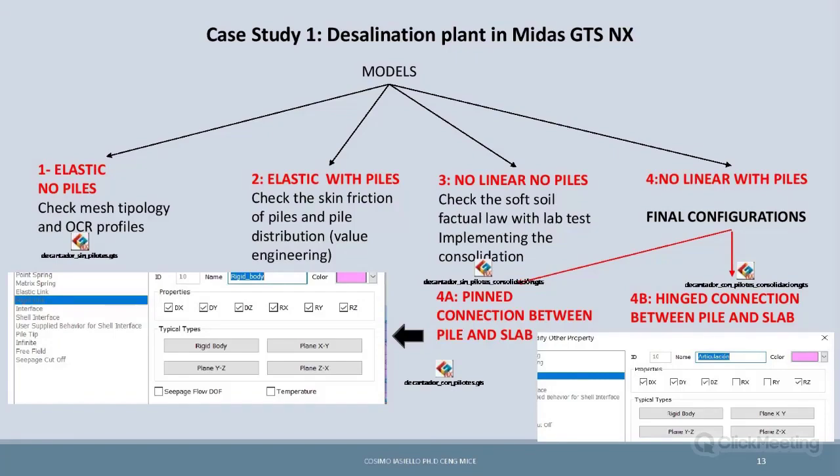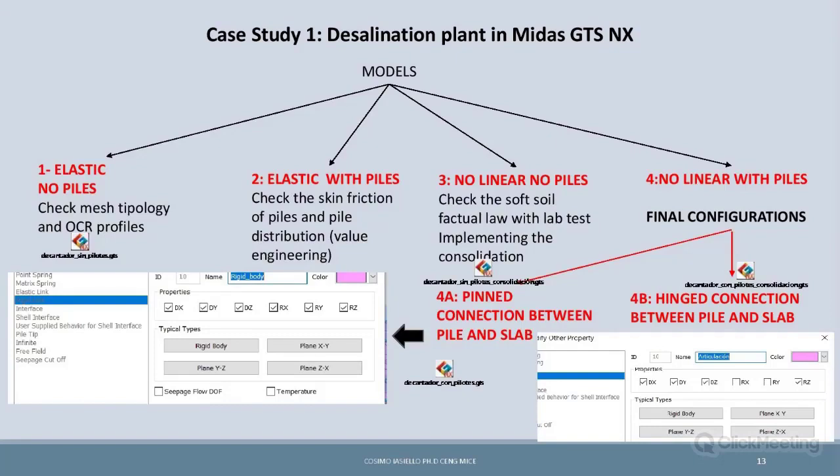As you probably know, in Midas we have different types of analysis: the stress analysis, the seepage, the consolidation, the heat, and we can also combine these analyses in one or more sets. Once we check the soft soil and see that it is more or less working, we move to the nonlinear model with piles.